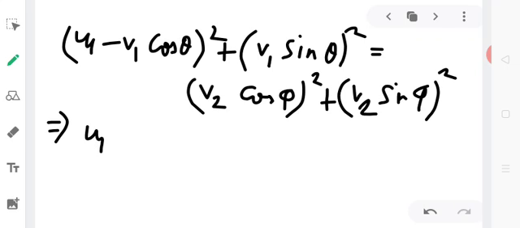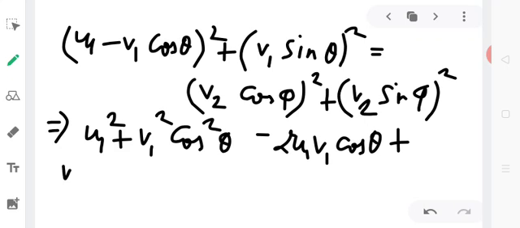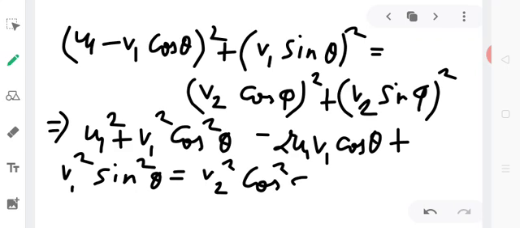We will get u1 square plus v1 square cos square theta minus 2 u1 v1 cos of theta plus v1 square sin square theta equal to v2 square cos square phi plus v2 square sin square phi.